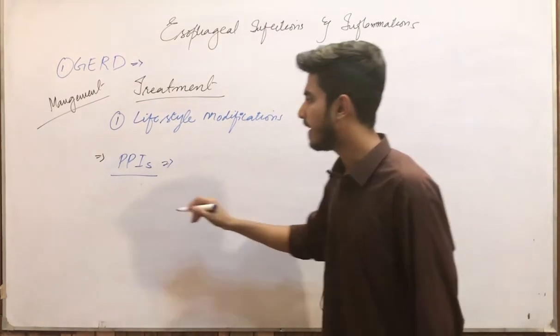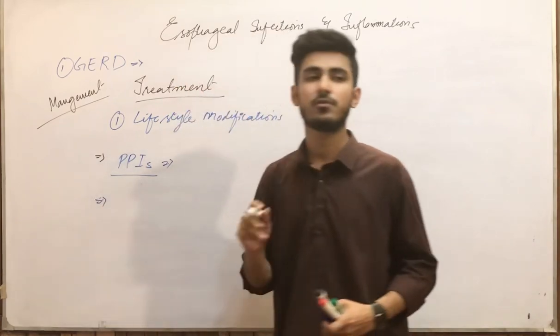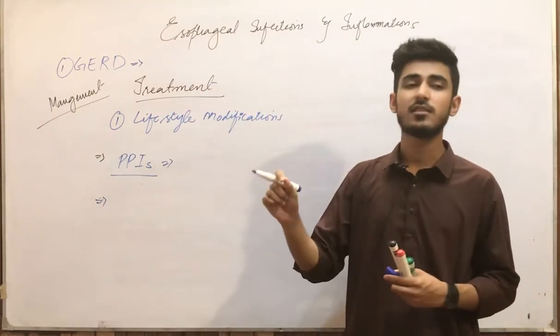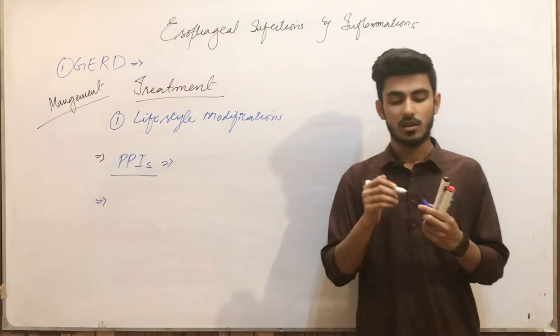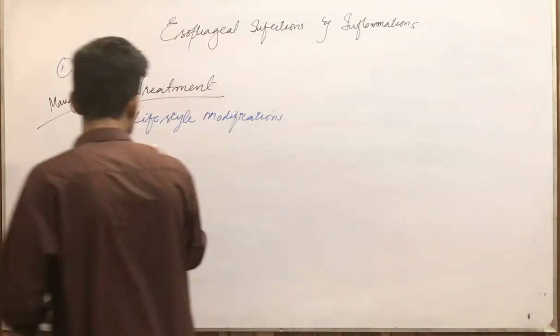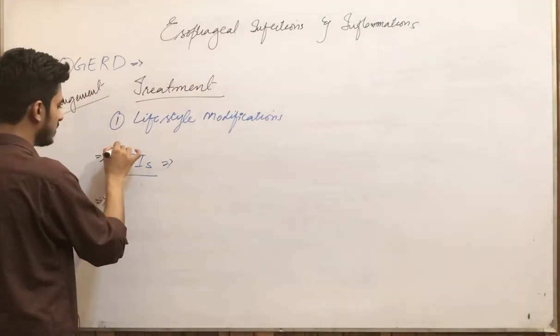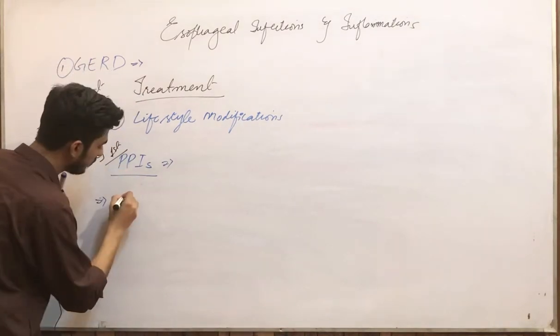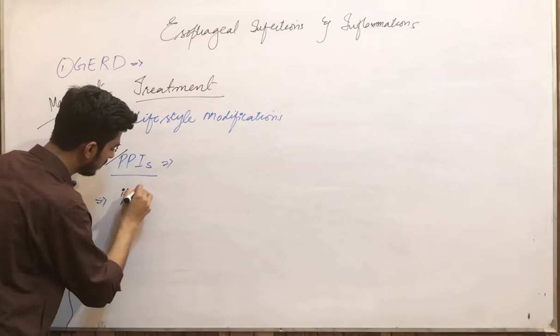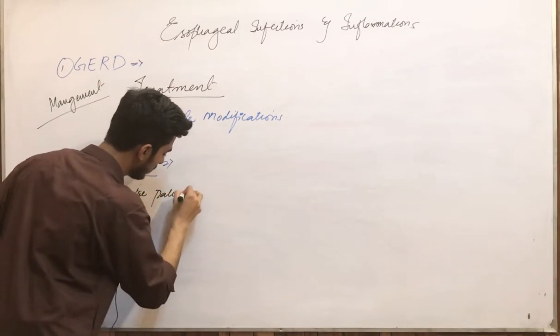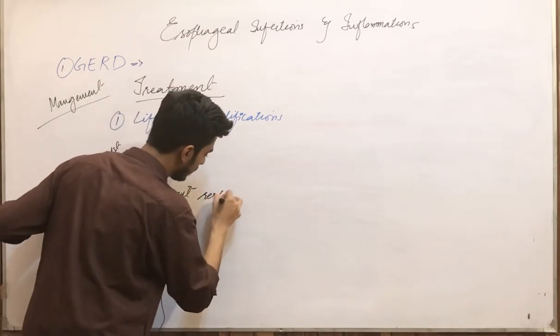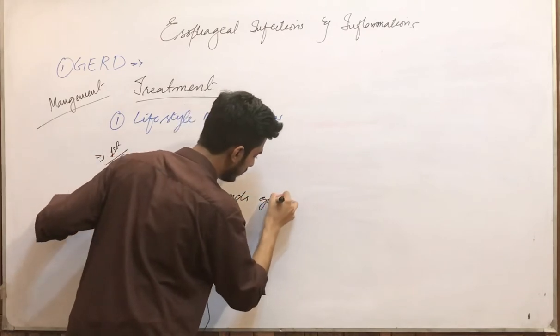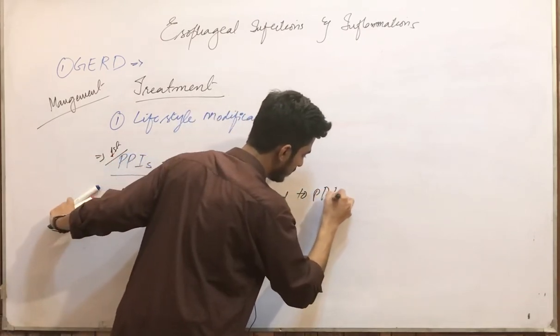Now after that, you have to monitor the patient for 2 to 3 months to see whether he is responding to the PPIs or not. First thing you have done is you have given the PPIs. Now you have to see if the patient responds well to the PPI.